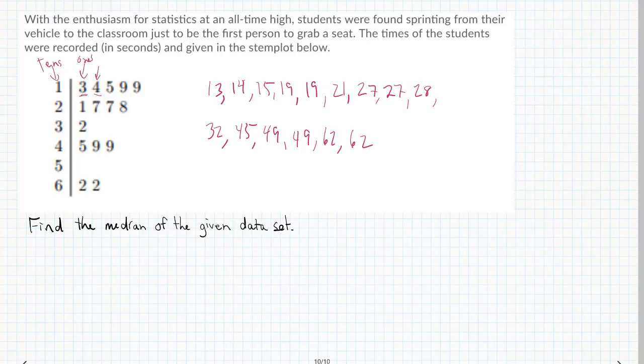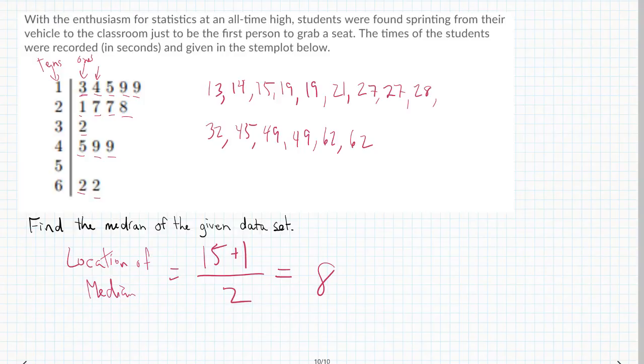Okay, so let's count the number of data values. We have 1, 2, 3, 4, 5, 6, 7, 8, 9, 10, 11, 12, 13, 14, 15. We want to find the median of this given data set. So the location of the median, remember, we take the number of observations, which is 15, plus 1, and we divide by 2. So that should be in the 8th position.